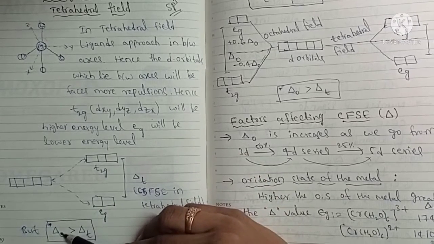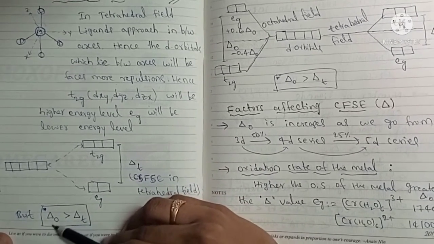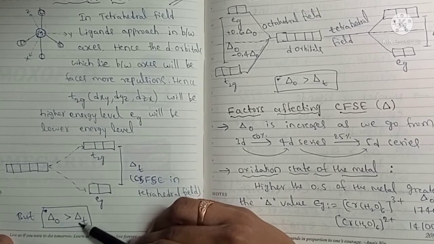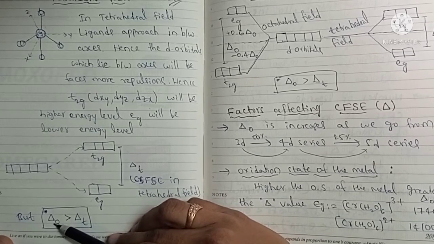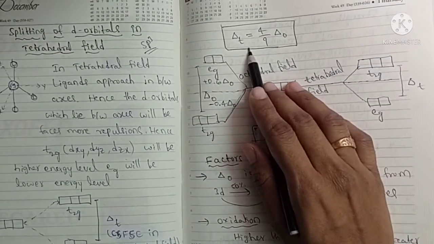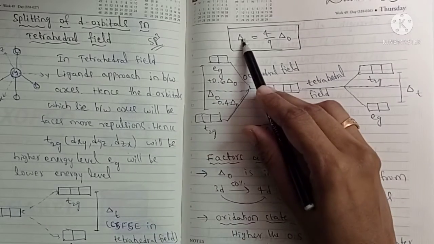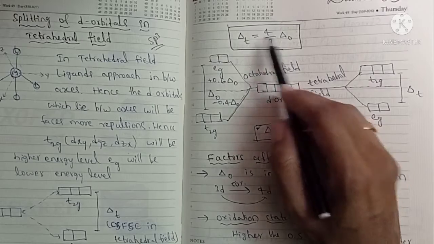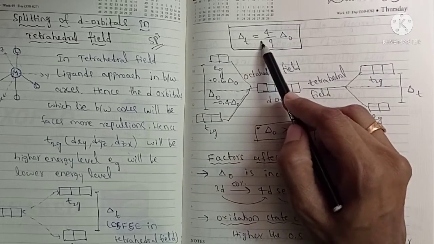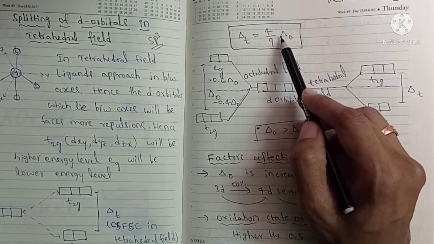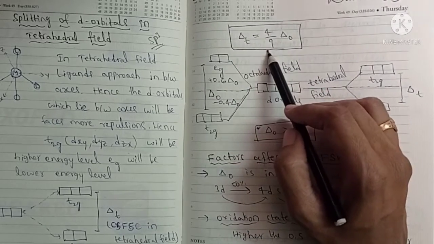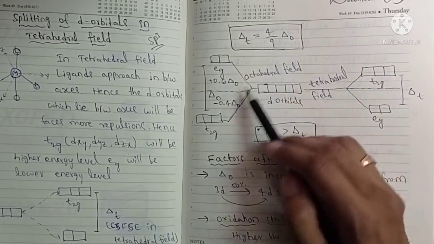That's why delta O is greater than delta T: here 6 ligands are there and in a tetrahedral field only 4 ligands are there. That's why this gap will be more than this gap. The relation between delta T and delta O is given by this equation: delta T is equal to 4 by 9 into delta O. This equation is very important in calculation of CFSE.